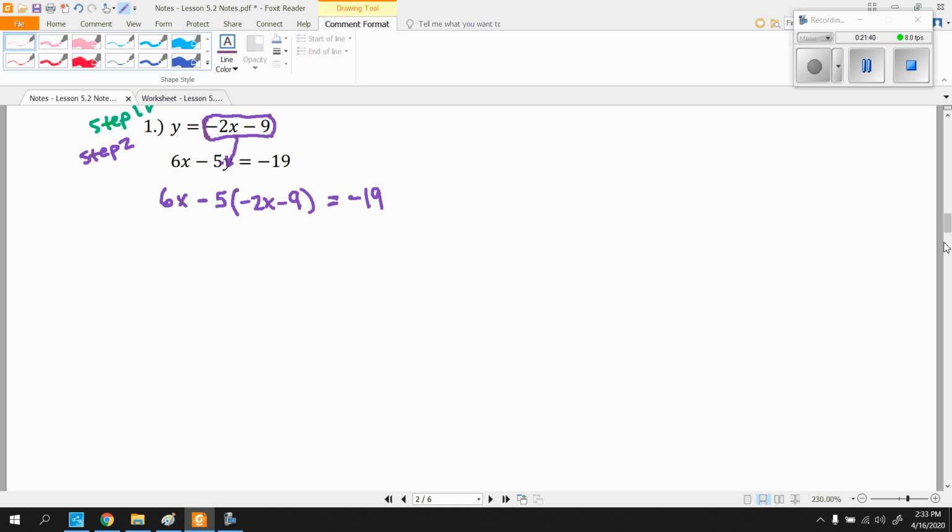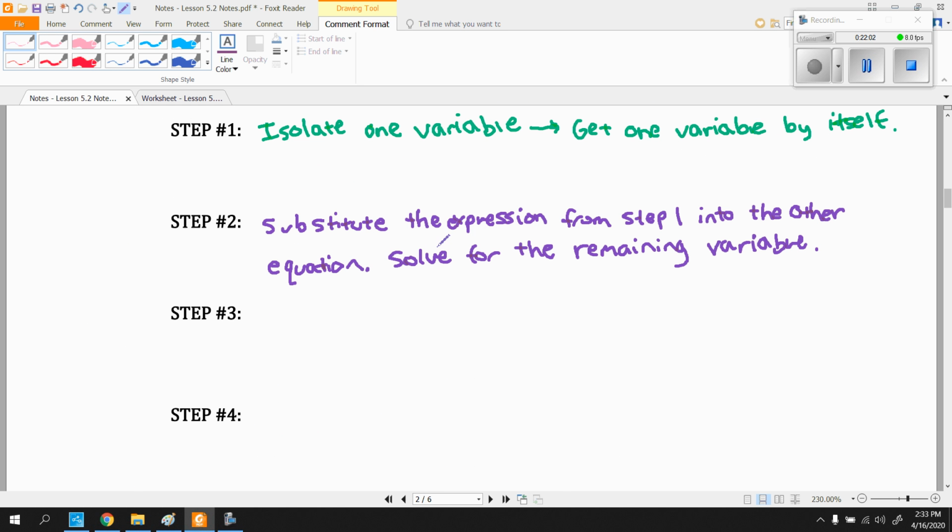Okay, that'll be a common thing, or a common, I'm even going to put right here, use parentheses. Okay, because now, again, this is kind of a loaded step as far as there's a lot going on. Solve for the remaining variable.